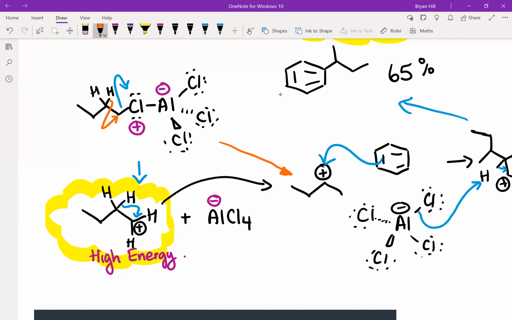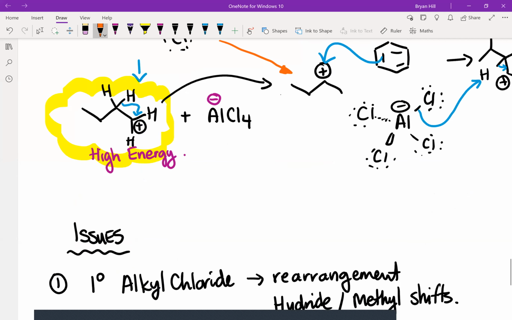But that's really a debate for later. I think it's clear to show that you've got a primary carbocation and it undergoes the hydride shift. But anyway, I just thought I would bring that up.